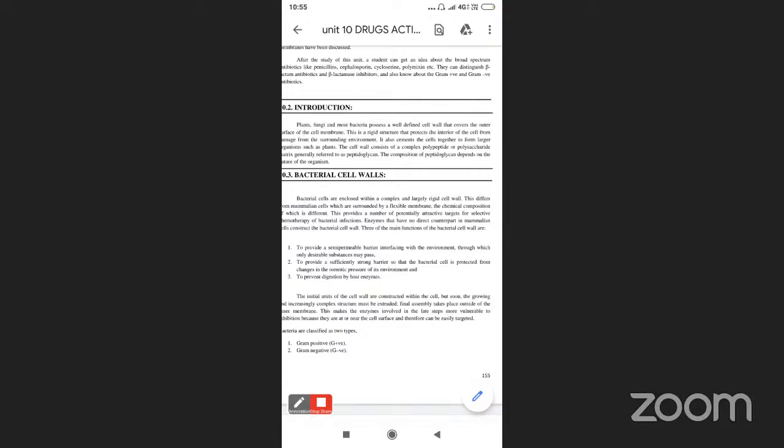So many metabolic processes take place in the body. To carry out all these metabolic processes, they take place in the presence of enzymes, because all these reactions are biochemical reactions only. All these are in vivo reactions, not in vitro reactions.